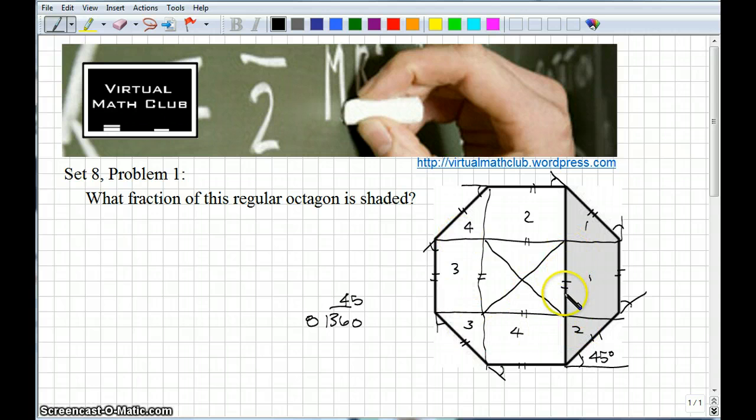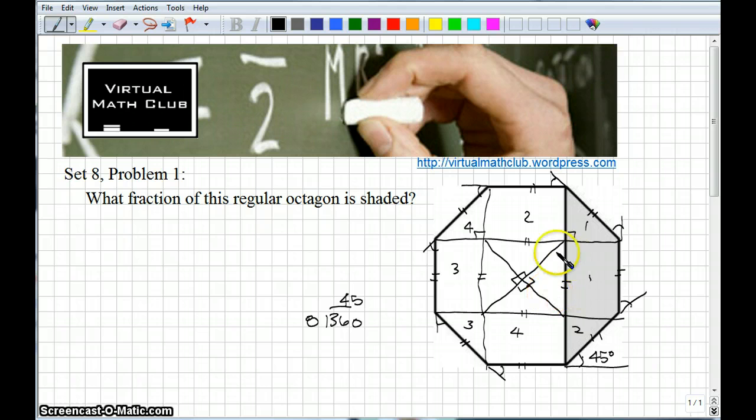Well, they've got the same hypotenuse. Now these have to be 90 degrees, and also this has to be 90 degrees because these are just diagonals of a square, and they meet at a 90-degree angle and they bisect each other. So the angles in the middle here all have to be 90 degrees.